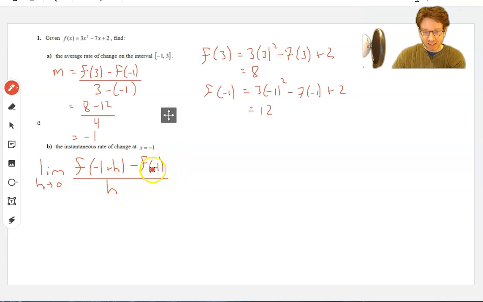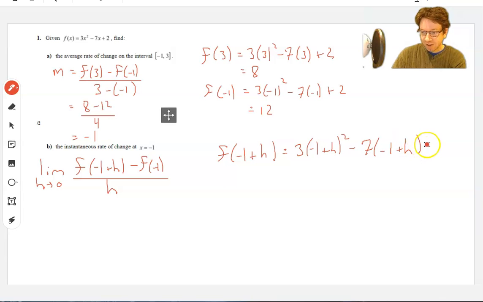So we know what this function equals. So let's figure out what this one is. So f at negative 1 plus h. It's going to be 3 times negative 1 plus h all squared, minus 7 times negative 1 plus h, plus 2.